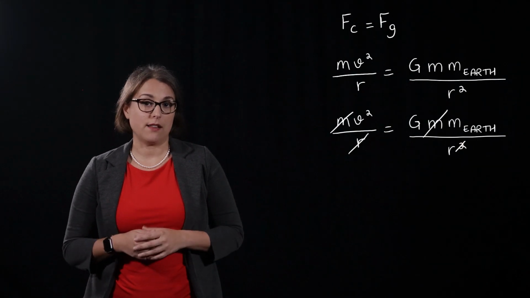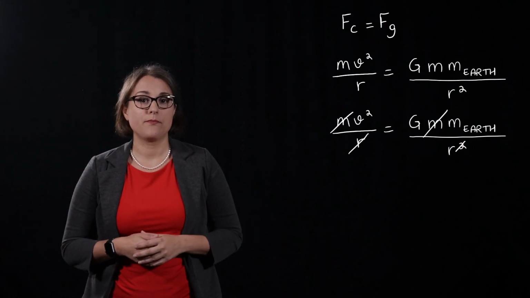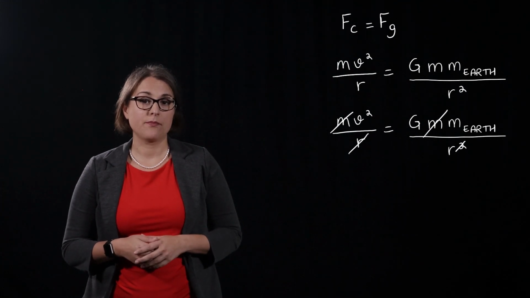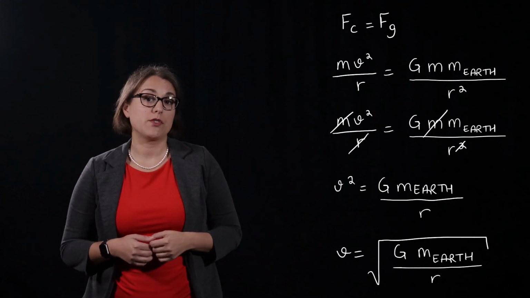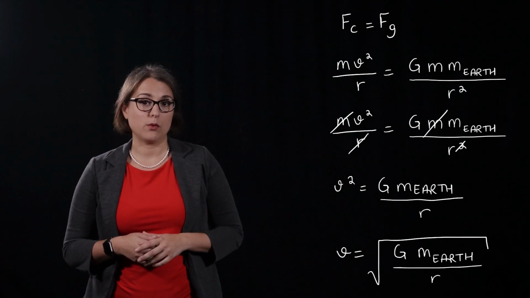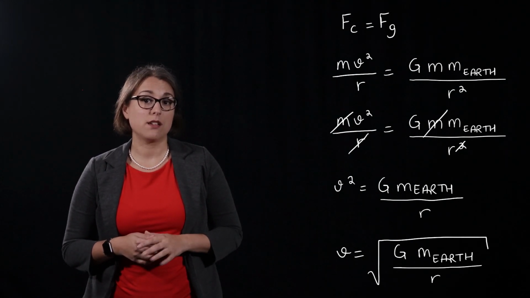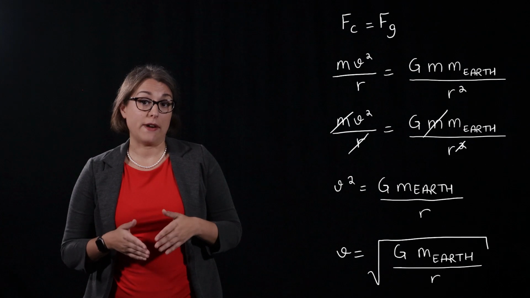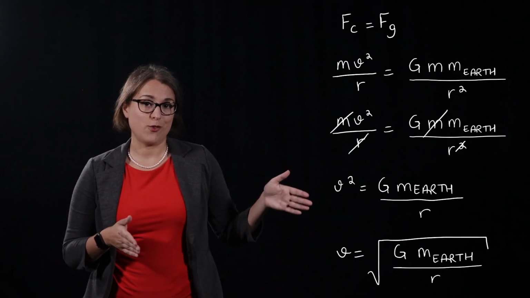The mass of the satellite cancels out on both sides. We can also cancel out one of the r terms on each side. Then we take the square root of both sides and solve for v. Orbital velocity equals the square root of big G times mass of the Earth divided by r. r is the radius of motion, which is equal to the radius of the Earth plus the orbital height.